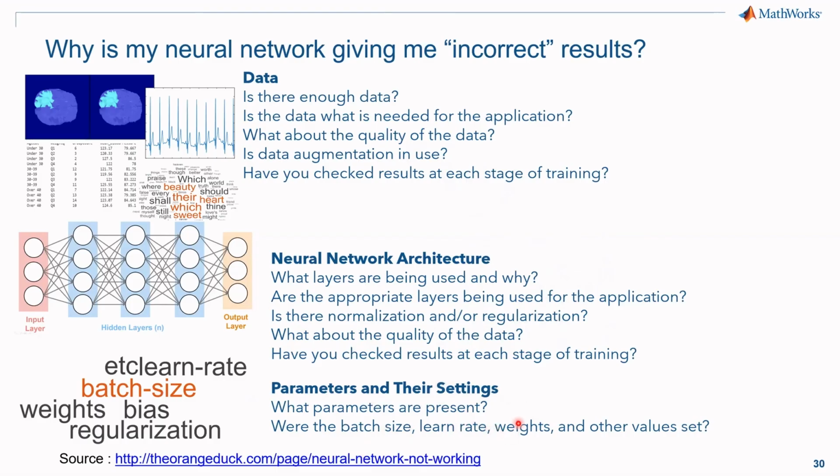The weights will come through the backpropagation, but typically batch size and learning rate will have a very, very large impact. And then of course you can click out to this page, which will help you with why your net might not be working.